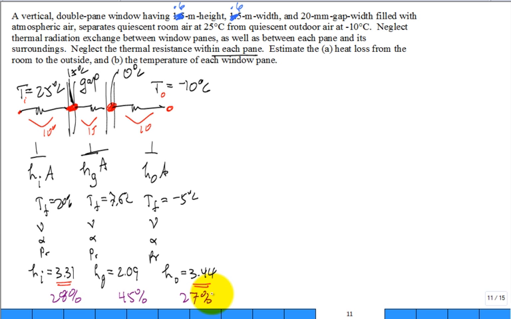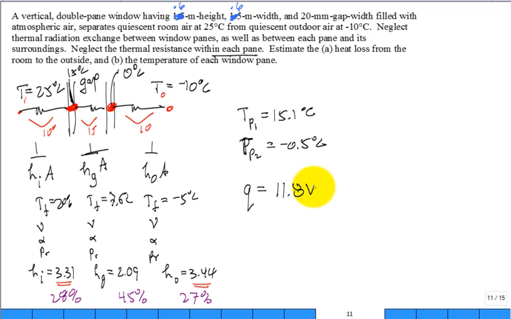When I iterated once or twice, the final temperature of pane 1 came in at 15.1 degrees C, and the temperature of pane 2 came in at negative 0.5 degrees C. Not much change. I'm just showing you that, yes, you have to iterate if you really want it to converge. And then the overall Q comes in at 11.8 watts.